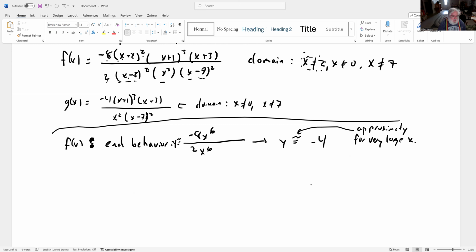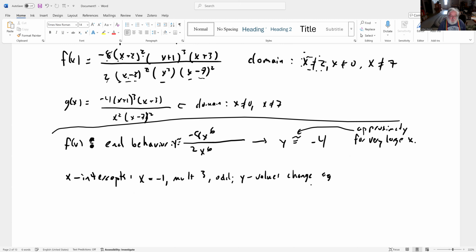Great. X-intercepts, easy to find. X equals -1 is definitely an x-intercept with multiplicity 3, which is odd, so our y values change sign.